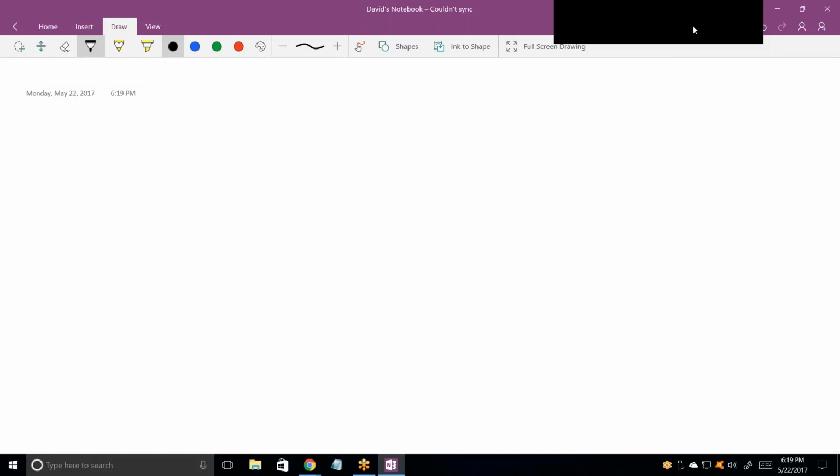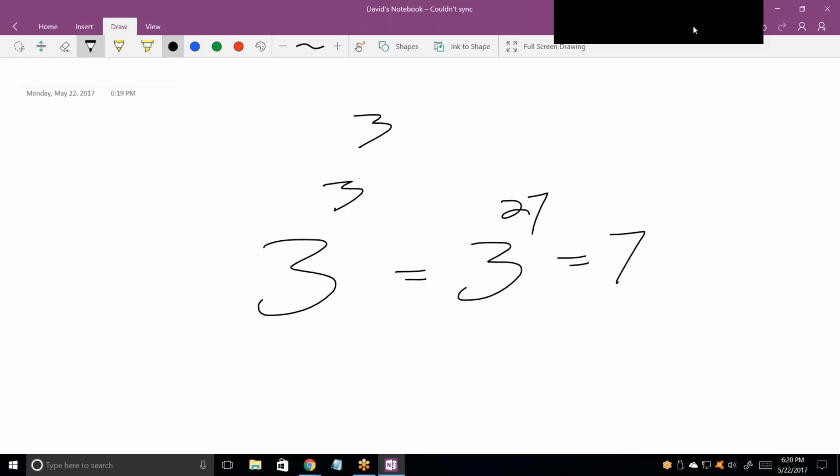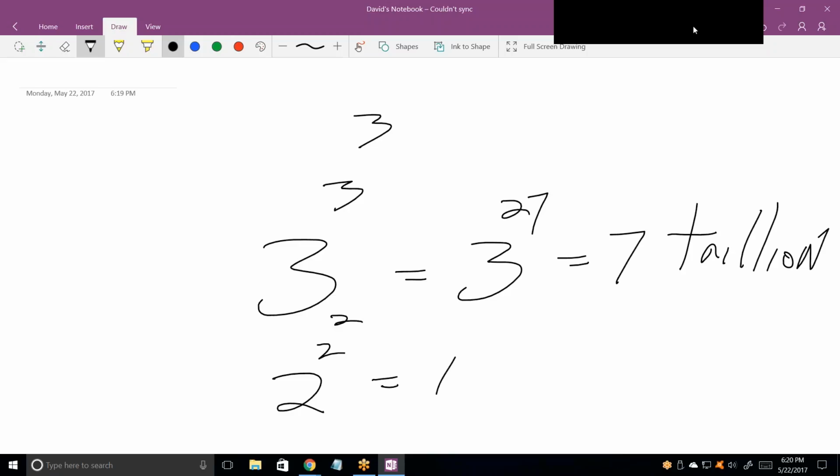Right. I can't even think of a good example, but it's a little bit like if I have 3 to the 3 to the 3, how do you do that? Do you do it from the bottom up or do you do it from the top down? Top down, exactly. There's no parentheses there. So that's 3 to the 27th, which is 7 trillion. If I had 2 to the 2 to the 2, that's 16.